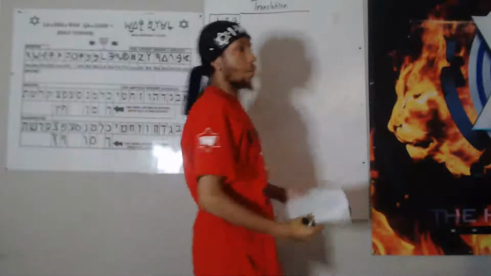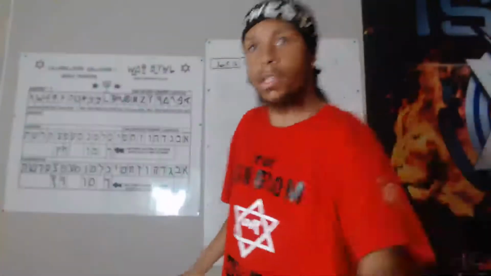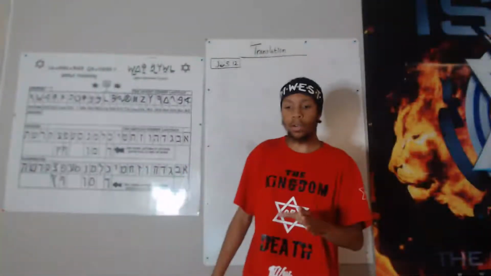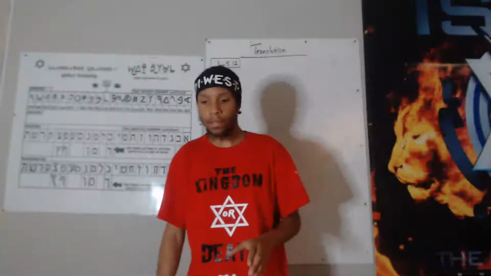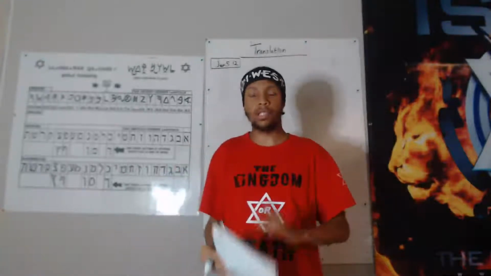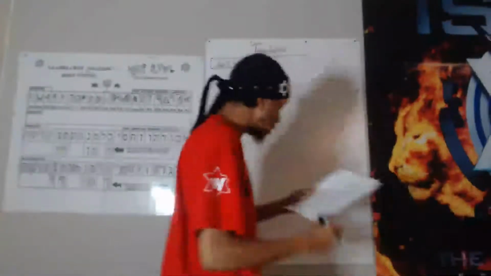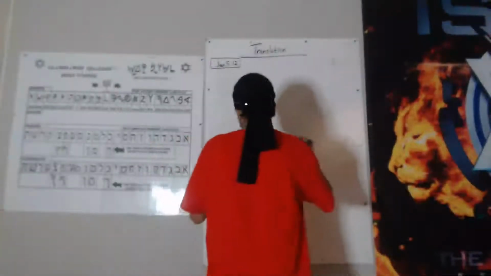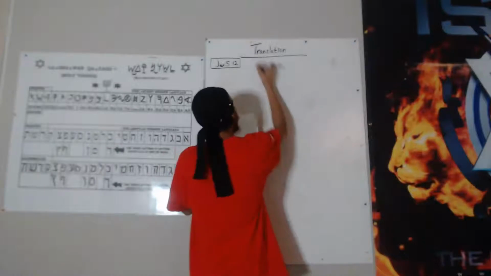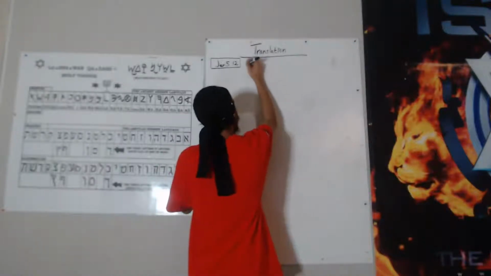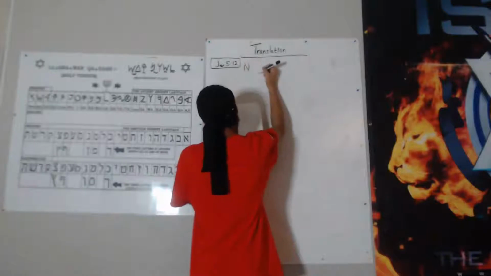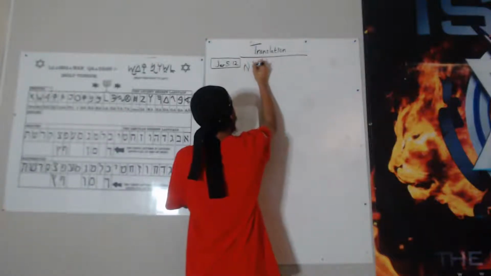We are only going to translate part of it, not the whole entire thing, just a portion of it. First things first, I'm going to write out the Assyrian, like I always do, and then I'm going to write out the actual Hebrew as well.